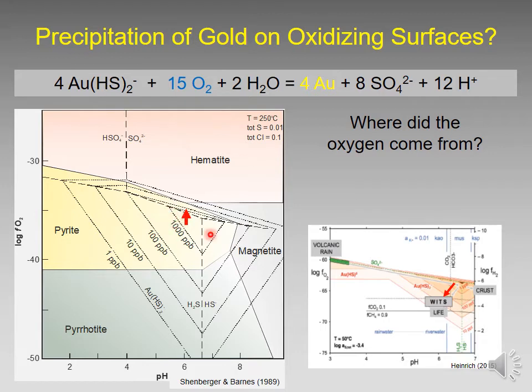At the same time, Chris Heinrich at the ETH thought about the same problem. He suggested a decrease in oxygen fugacity because that would be a very nice trap, analogous to what we can observe in the modern world to precipitate gold.